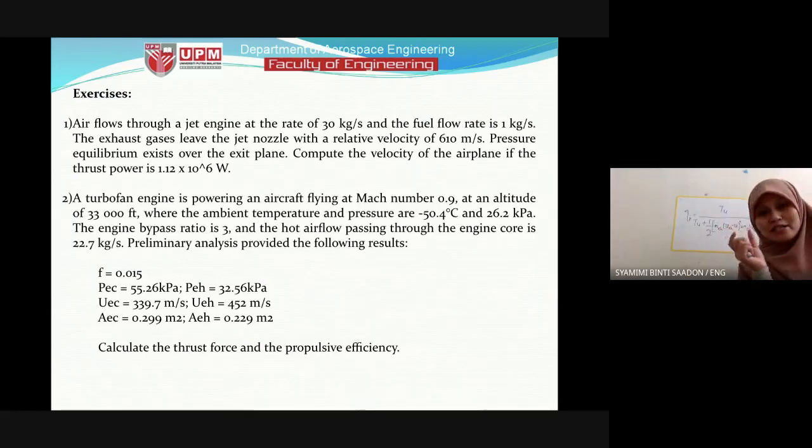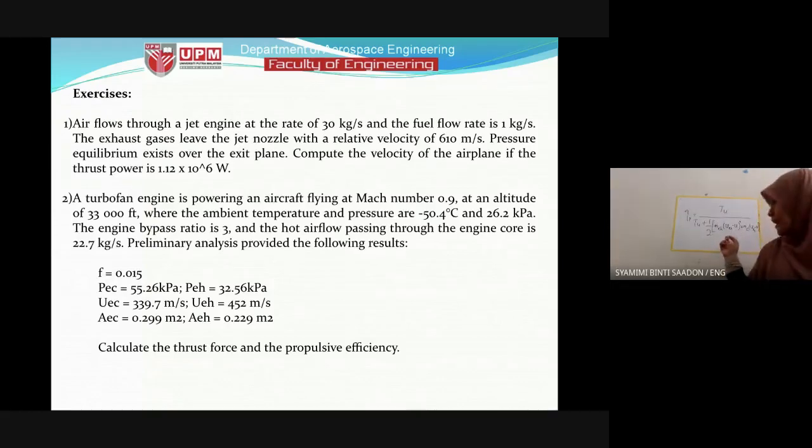Since it is power wasted, we have to define ue minus u, the difference in velocity, because we want to quantify the power wasted. So ue minus u squared is the velocity energy wasted. That is for the hot stream, the same as in turbojet.